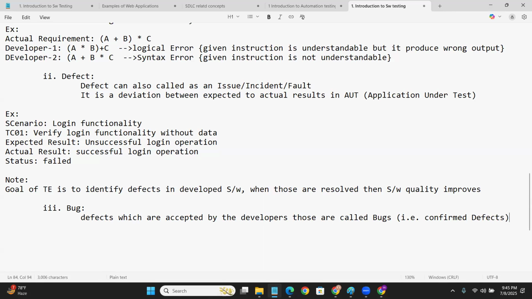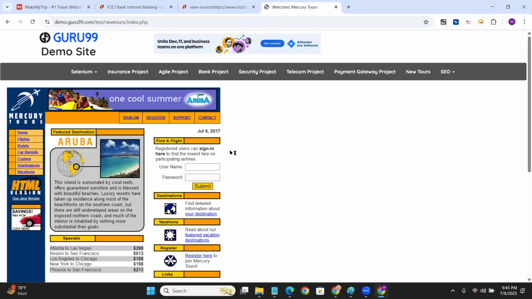Those we are going to call bugs. Understand? Defects which are accepted by the developers are called bugs. That is, confirmed defects. So we got the defects like this.